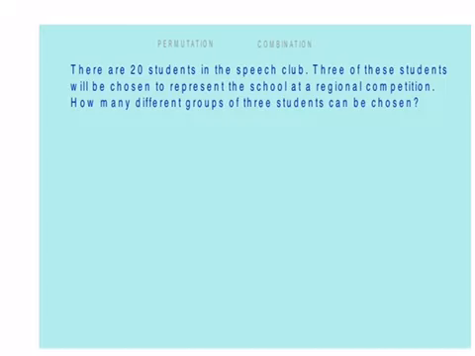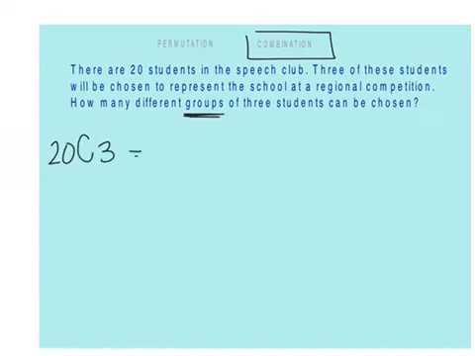Our next one here, there are 20 students in the speech club. 3 of these students will be chosen to represent the school at a regional competition. How many different groups of 3 students can be chosen? Remember again from our notes earlier, groups tells me it's a combination. So I have my total of 20, and I'm going to choose 3 of them for this competition. So I have 20 factorial on the top, divided by 20 minus 3 factorial times my r factorial.